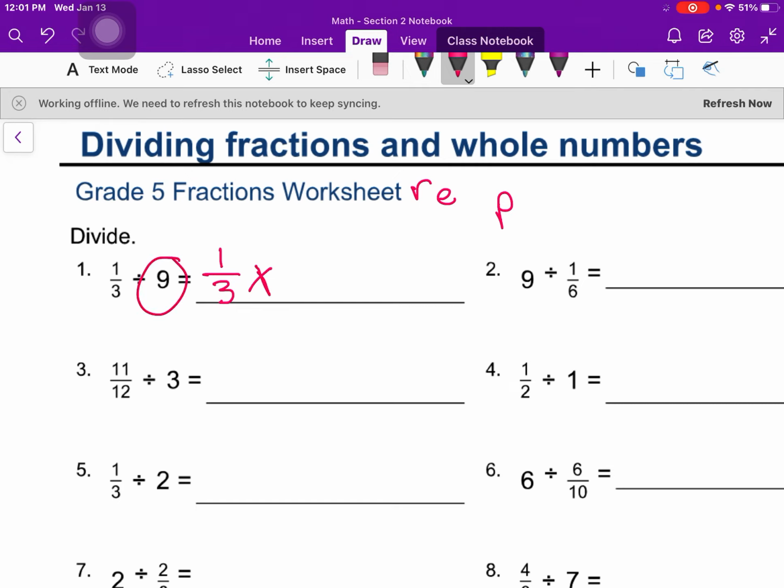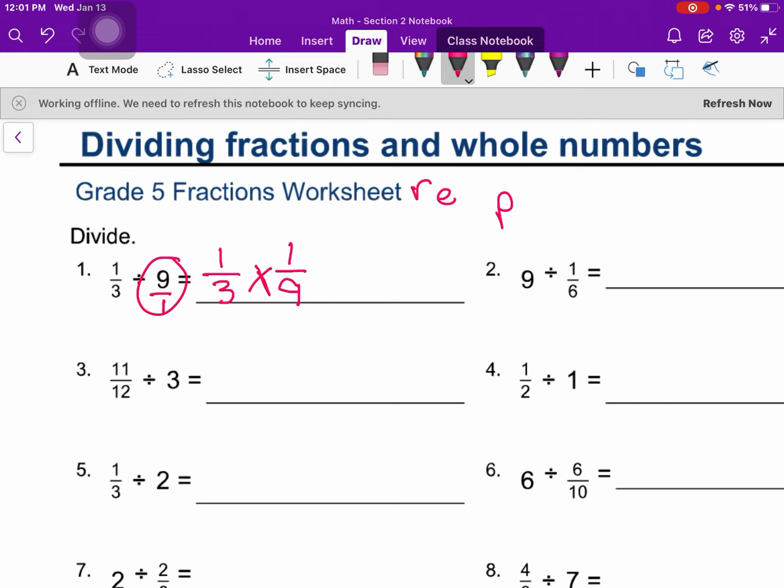Well, what is it right now? If I say 1/9, you say 9/1. If I say 9, you'd say, so 9 could be written like this, 9/1. So if I flip that, it now becomes 1/9.